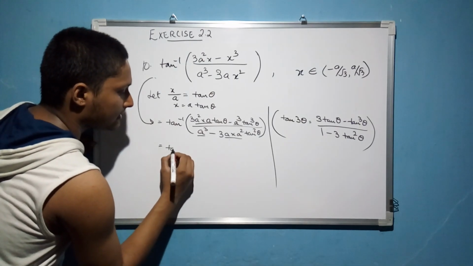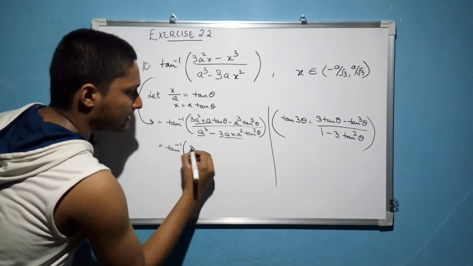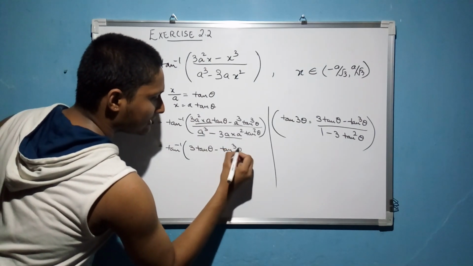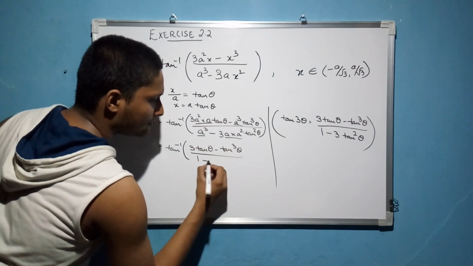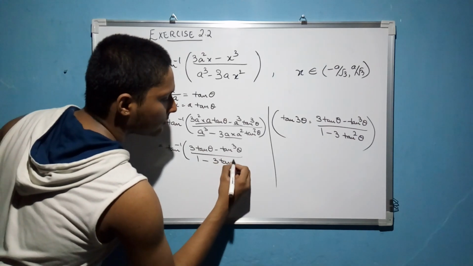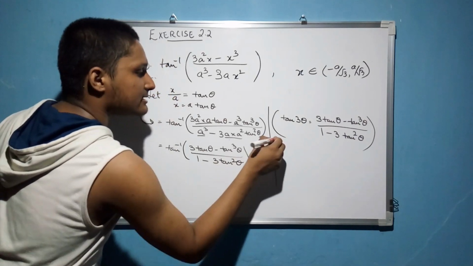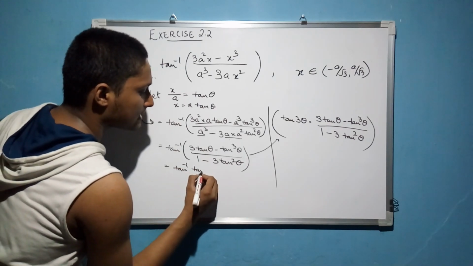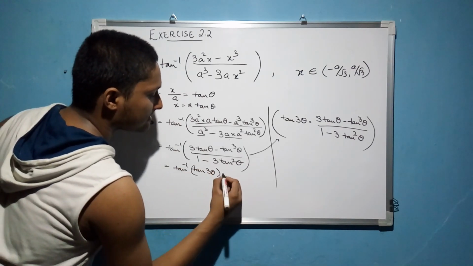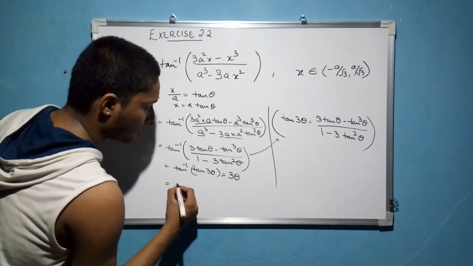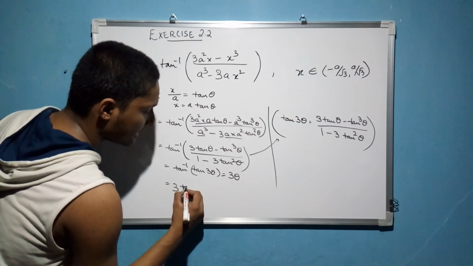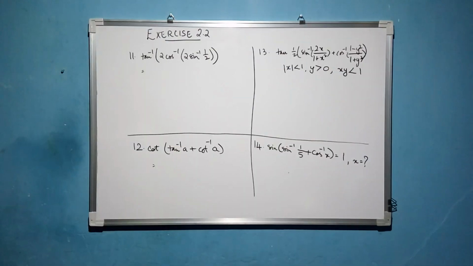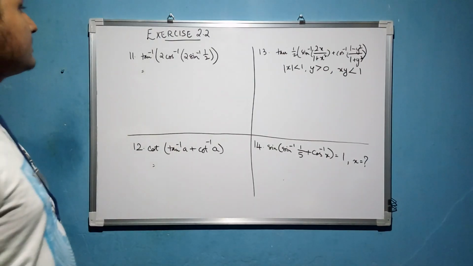So what you are going to get here is tan inverse of 3 tan theta minus tan cube theta divided by 1 minus 3 tan square theta. That turns up to be this form. Therefore it comes to be tan inverse tan 3 theta, that is equal to 3 theta, or 3 into tan inverse x by a.